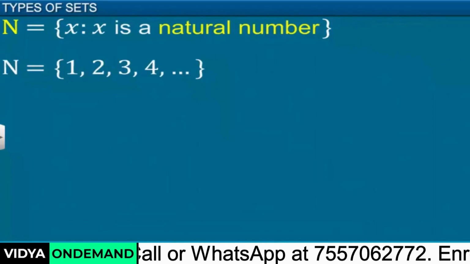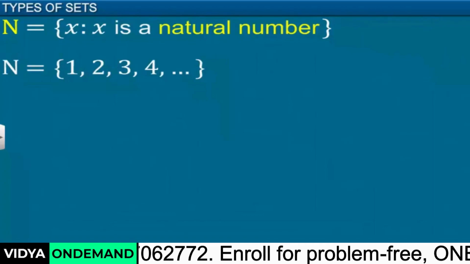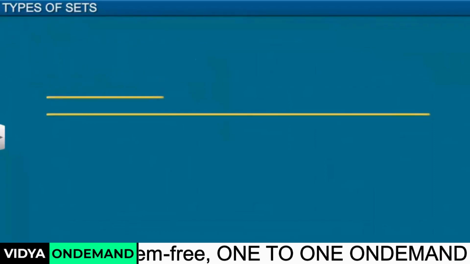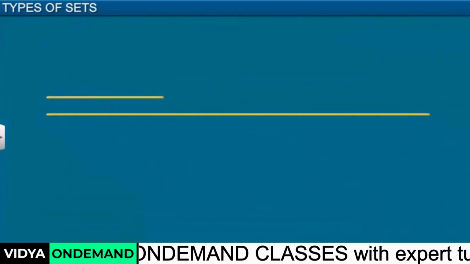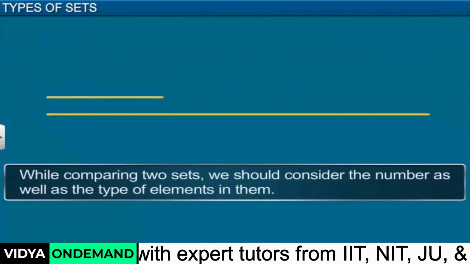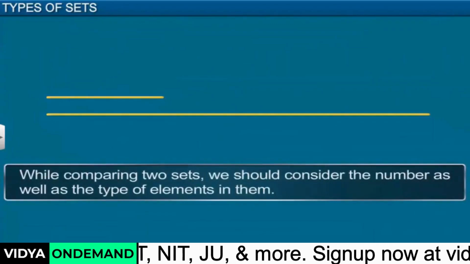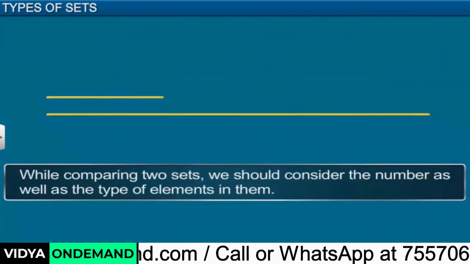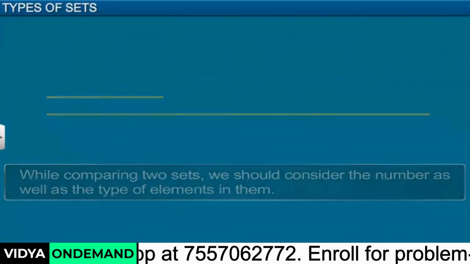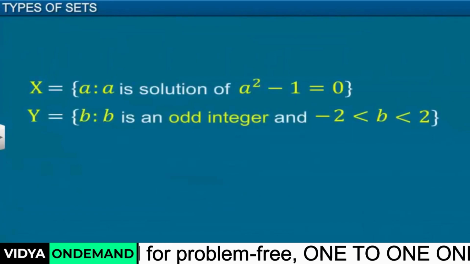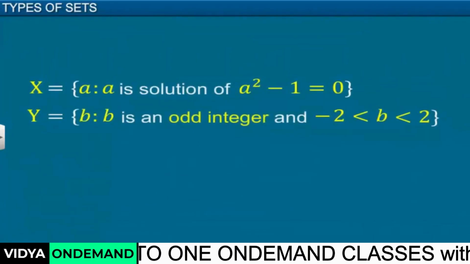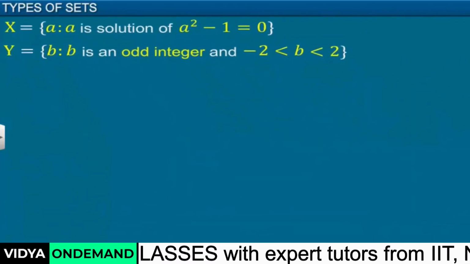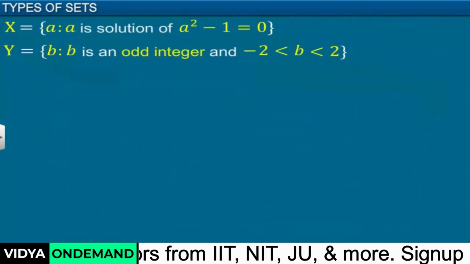We compare two lines by their lengths. However, while comparing two sets, we should consider the number of elements as well as the type of elements in them. For example, let's compare the sets shown here. The elements of set X are obtained by solving the equation a squared minus 1 is equal to 0.